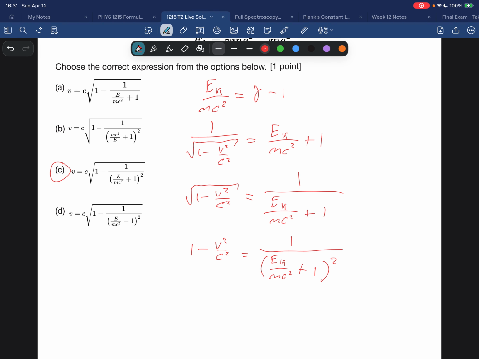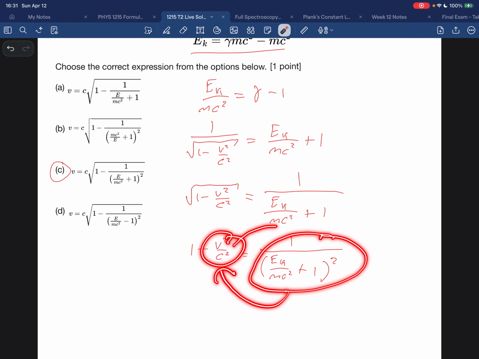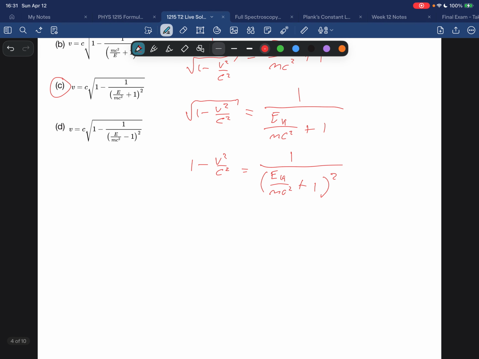Next, I am going to add v squared over c squared to both sides, and I'm going to subtract everything on the right-hand side over. So basically, all of this is being subtracted and moved over here, and all of this is being added and moved over here. Which sounds a little bit complicated at first, but it works out quite nicely.